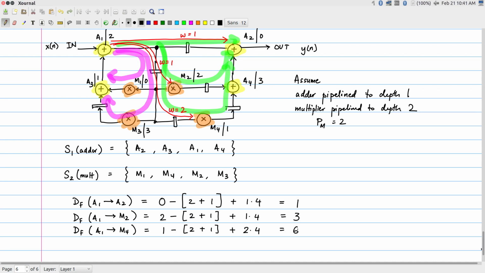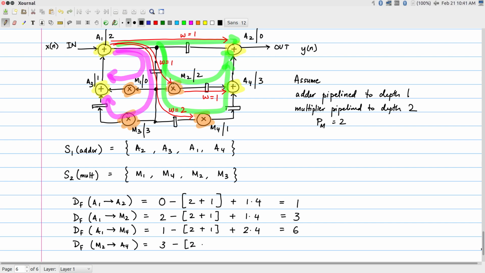Right? Similarly, I can go ahead and calculate all the M values. One particular example I am just going to take, because it also brings out the fact that we are using a multiplier, is from M2 to A4. So the DF that I would have from M2 to A4 would be equal to, what time is A4 scheduled? It is at 3. What time does M2 complete?